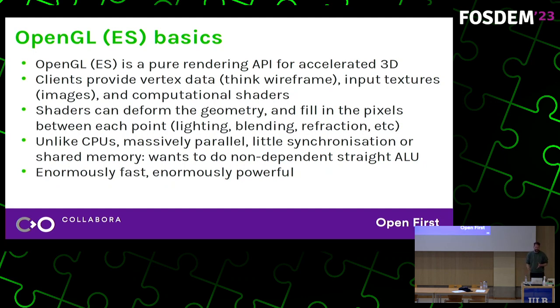And I guess the main thing to recognize about GPUs is they're enormously parallel, so thousands of threads, really. And there's not much in the way of synchronization or shared memory. GPUs can't do branching like CPUs.